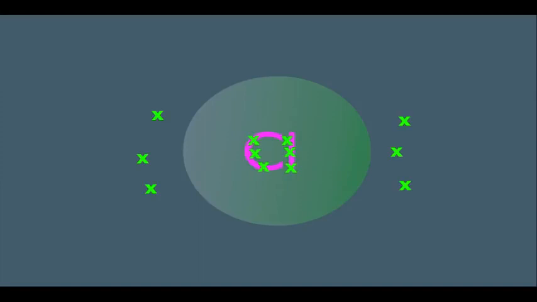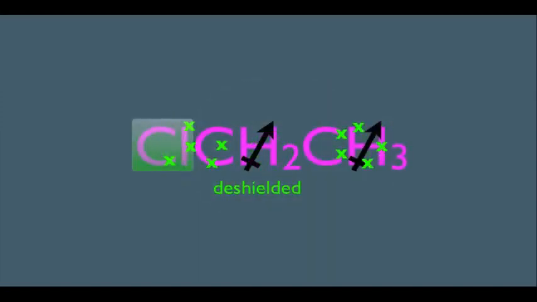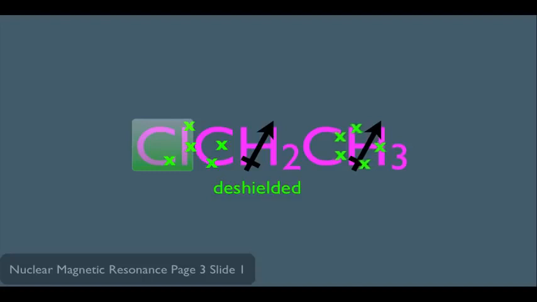But the ones not in that bubble will not have as much of a pulling effect. So in other words, the further you are from an electronegative atom, the less the effect of electronegativity. So, going back to our example here, since the three methyl hydrogens are further away from the Cl, we expect less of an electronegative pull on them, which means they will remain around those H atoms, and therefore make them more shielded.